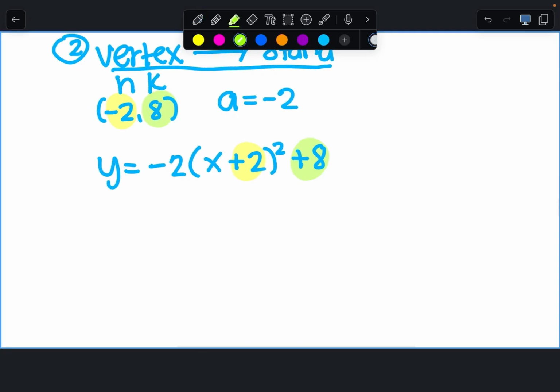To convert it to standard form, what do I do? Box method.